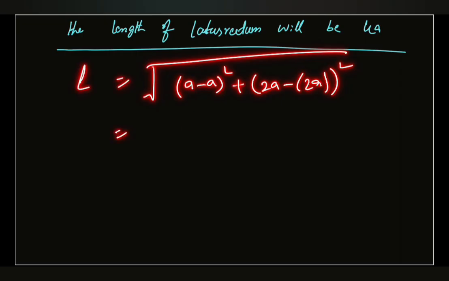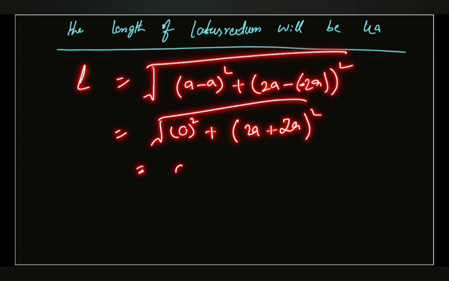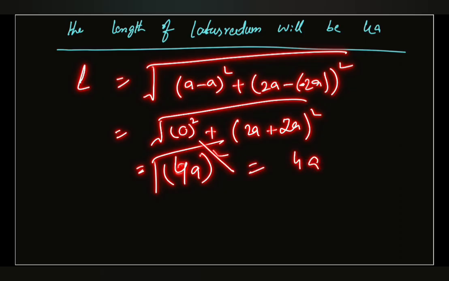So a minus a square will be 0, plus this becomes 4a whole square root, which cancels out. So this becomes 4a. So the length of the latus rectum will be 4a.